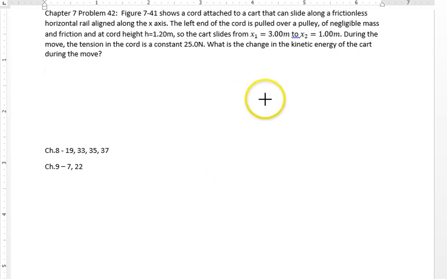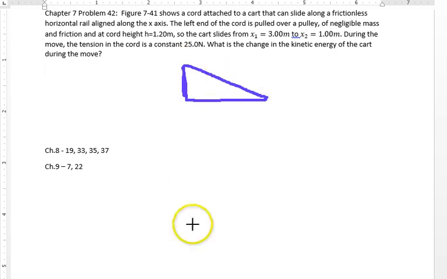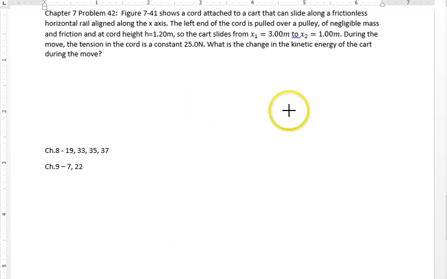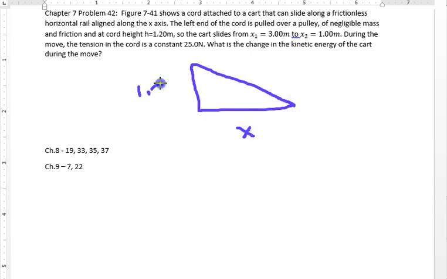Okay, so one of the things we've got here is a force that is changing depending on x. I will erase that. Okay, we have our triangle, right? This is x. This is 1.2 meters.